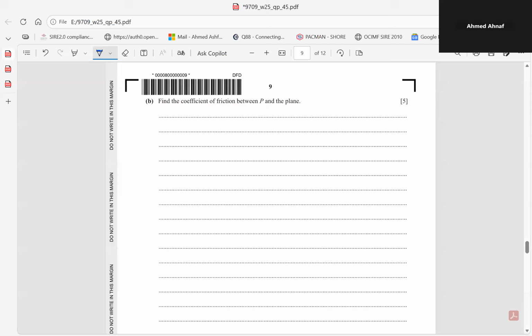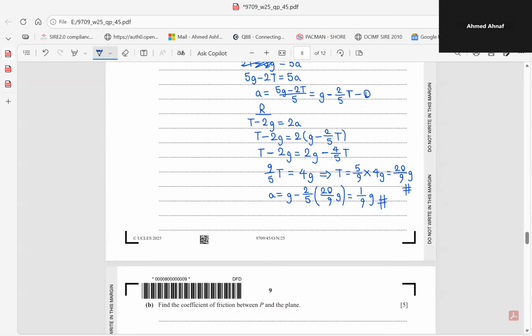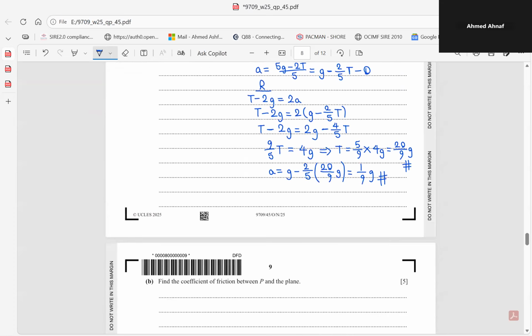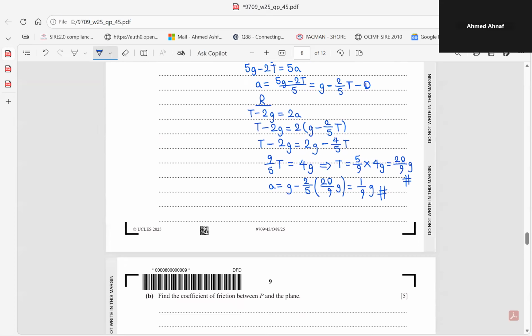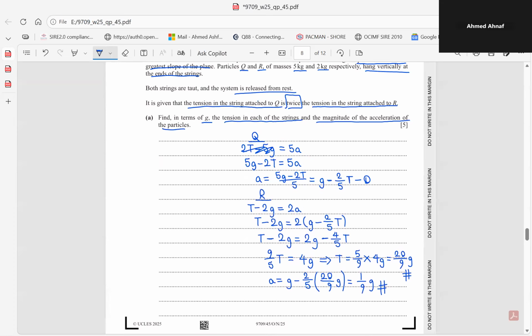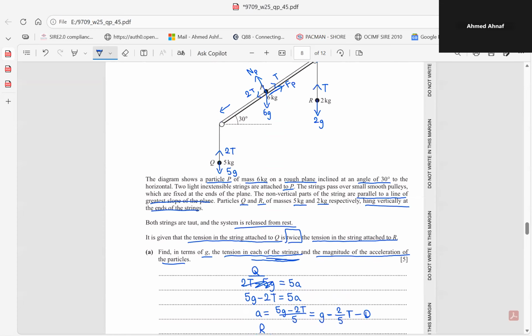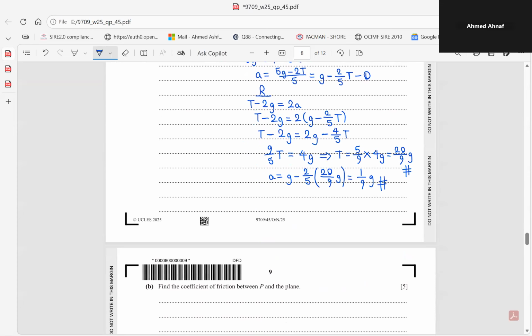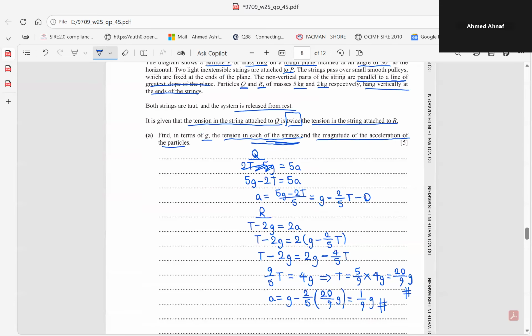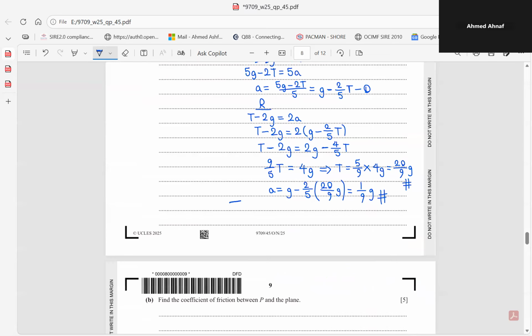Okay, so before I start with this part, I just realized I made a mistake in this question. So I just put the value of T, but they asked for the tension in each of the strings. So TQ, that's the one that's twice.